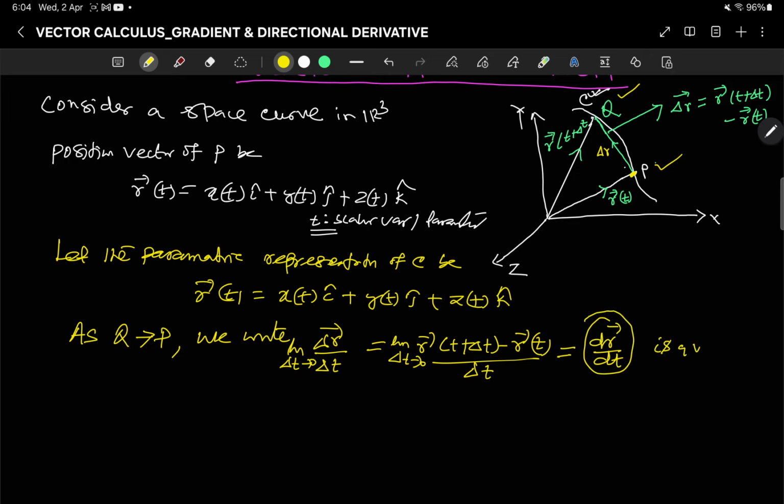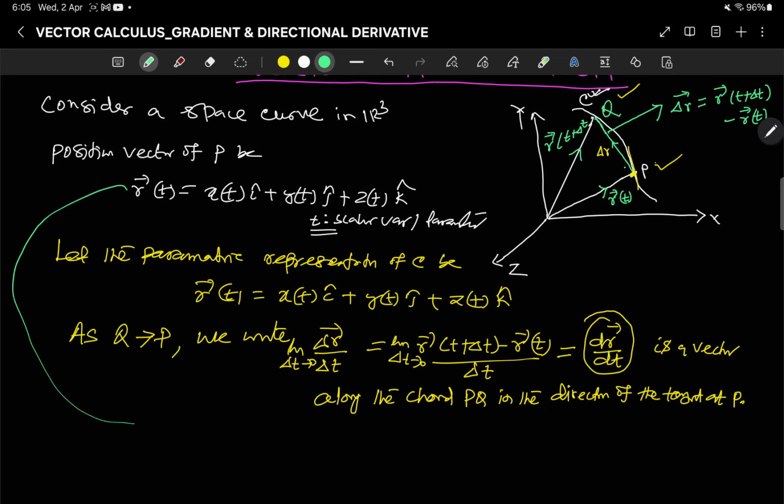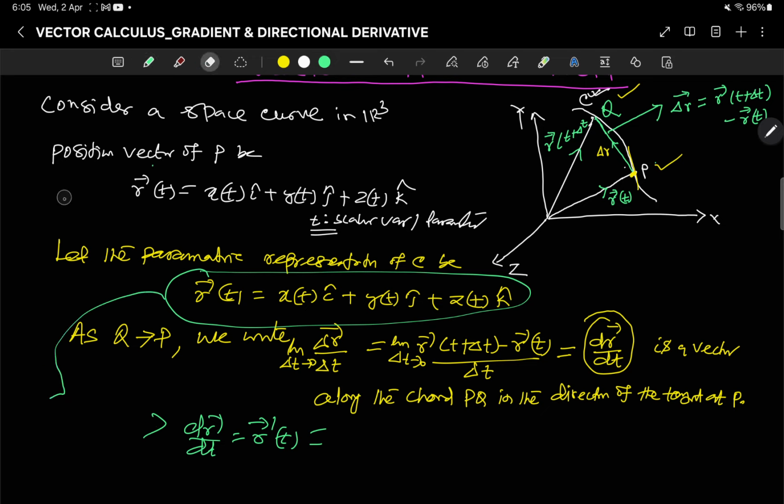So dr by dt is a vector along the chord PQ, and it is in the direction of the tangent at P. If you draw the tangent at P, it should be in the direction of the tangent at P. Consequently dr by dt, or r dash t, means, you see this is your r(t), the position vector of the curve here.